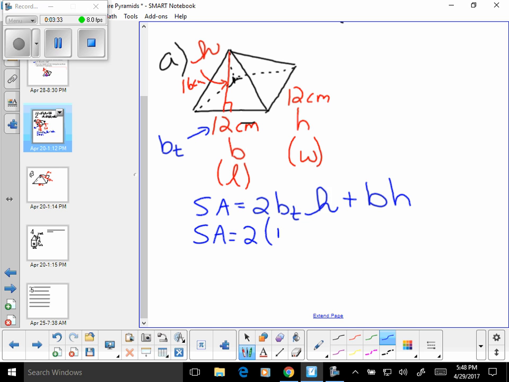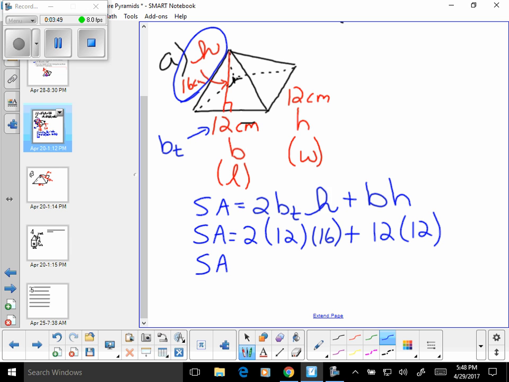So we're going to be putting in 12. And then our slanted height up here, note that they've done this, is going to be 16. Now we need to find the area of the base, and that's going to be 12 times 12. When we do the math, we get 384 plus 12 times 12, which is 144.